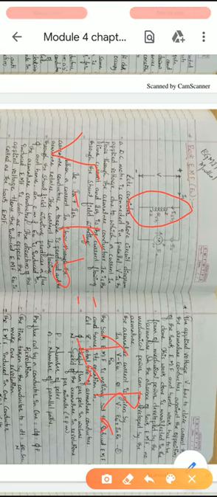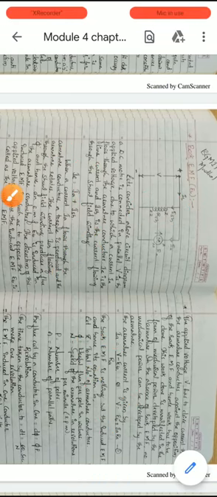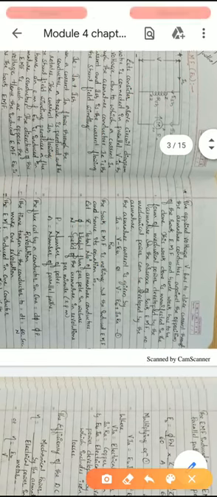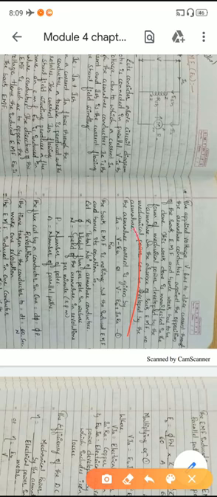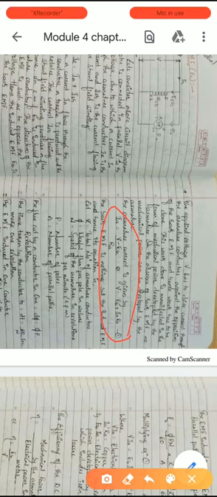V minus EB is equal to IA into RA. I can write this equation as V is equal to EB plus IA into RA. Let me call this equation number 1. Now we will derive the equation for back EMF, right?